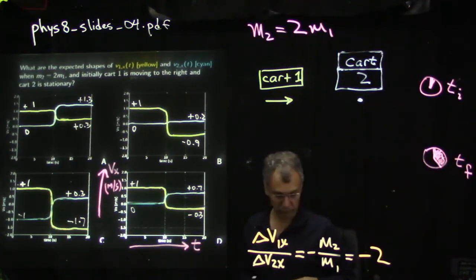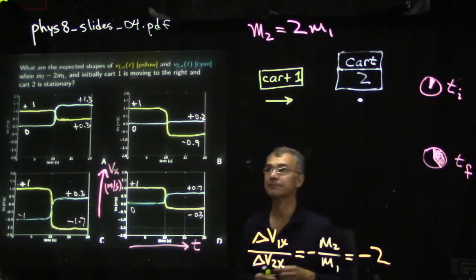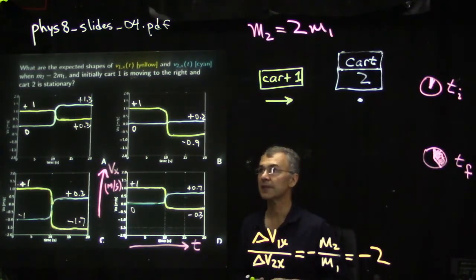Let's see if we can rule out any of these graphs. So cart 1 initially moving to the right, cart 2 initially stationary.